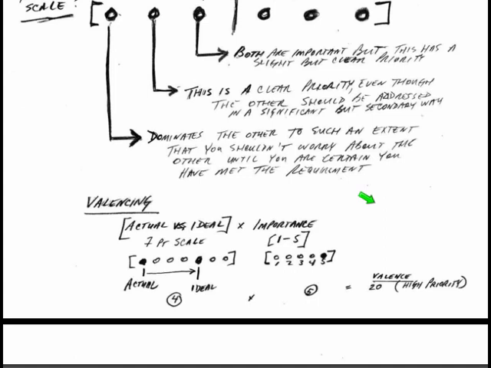If I asked them those 3 questions about actual, ideal, and importance, I would come up with a valence score for all 10 of those trade-offs, and then I could rank those from most important to least important based on this final calculated valence score. Is that clear?